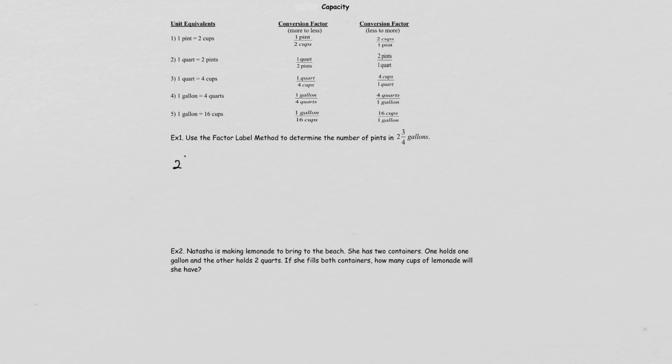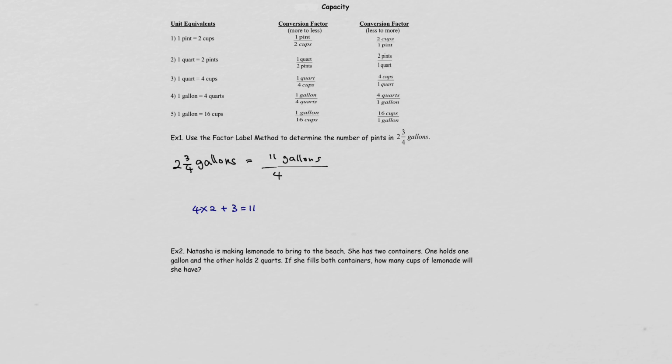We have 3/4 gallons is equivalent to 11 gallons over 4. Where do I get that 11? My 11 comes from 4 times the whole number plus the numerator. So that's how you're going to change a mixed number into an improper fraction.